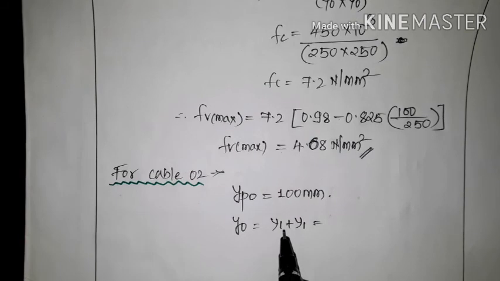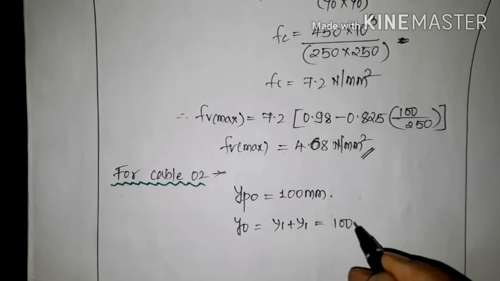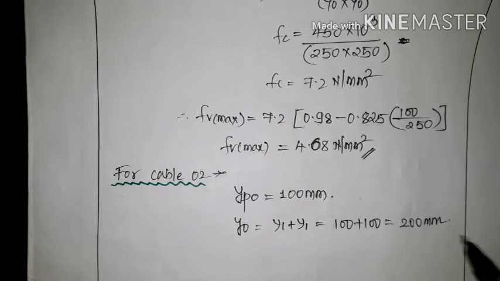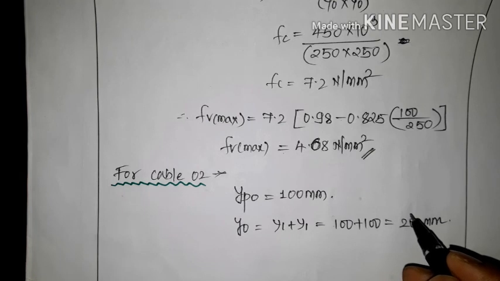It is given as 100 mm from the bottom, so that is y1. So 100 plus 100, that is 200 mm. That is y naught.